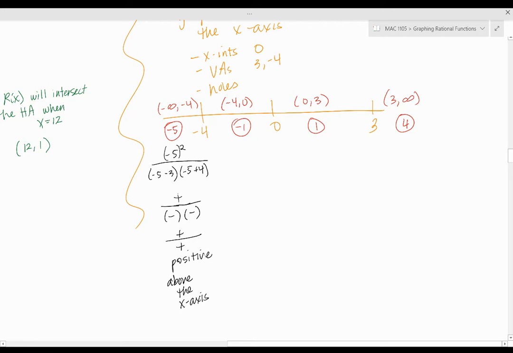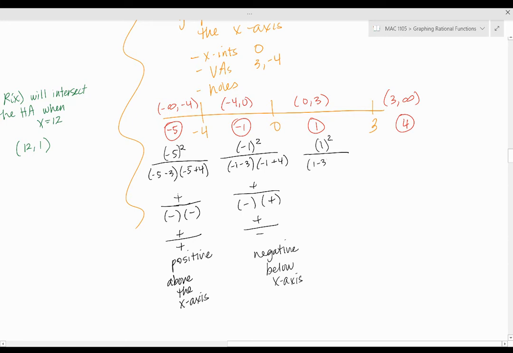Okay, I'm going to do the same thing with the second one. It's going to give me a positive, negative, positive: positive over a negative, which is negative. So I'm going to be below the x-axis. Try the third one.